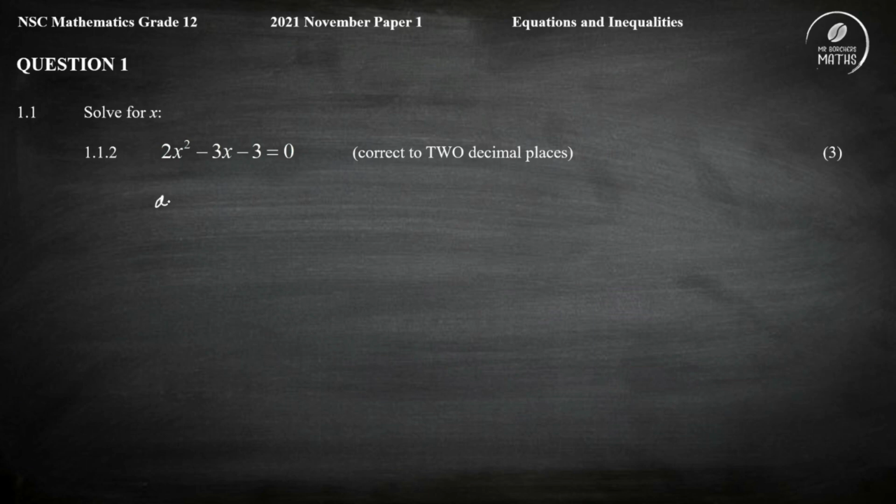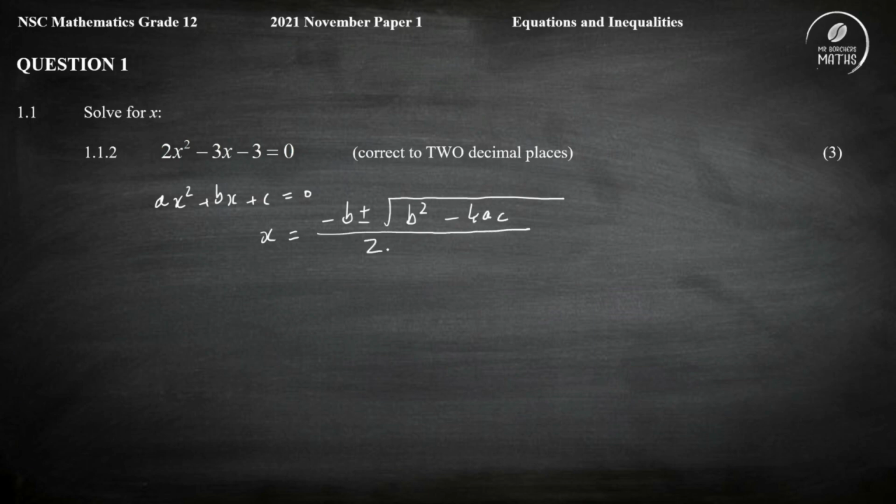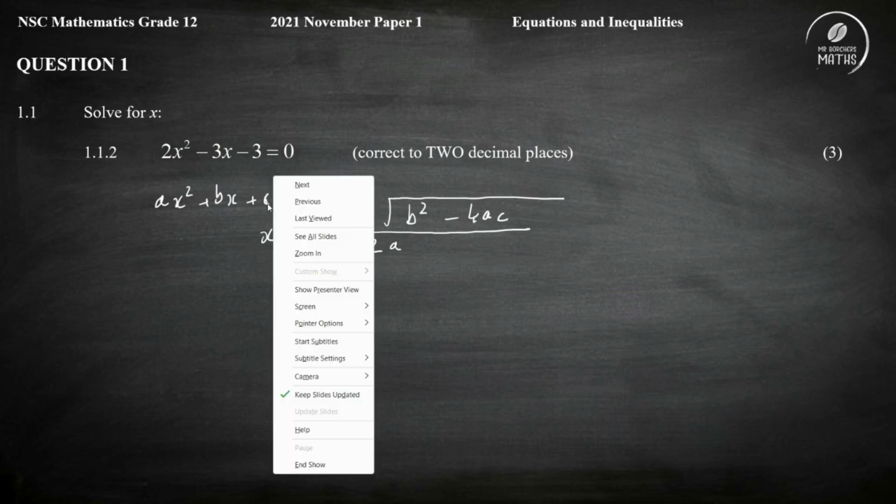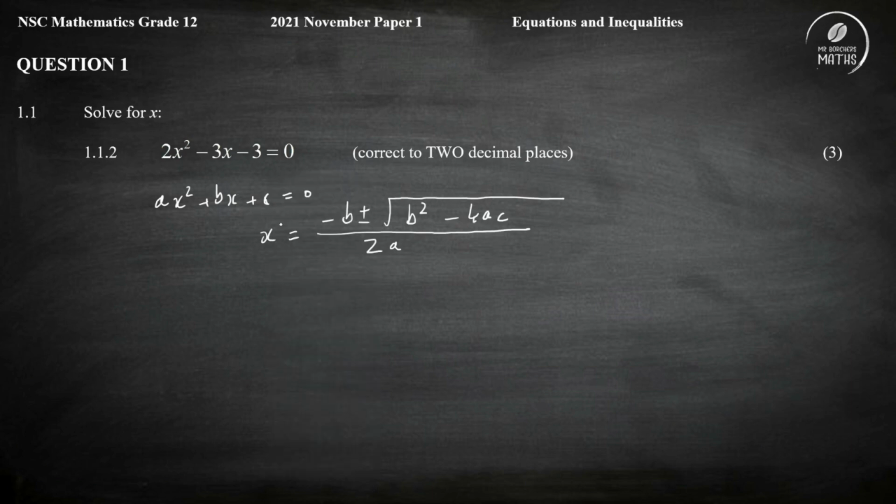So remember that when we have a quadratic in the form of ax squared plus bx plus c is equal to 0, that means that x would be equal to negative b plus or minus the square root of b squared minus 4ac, all over 2a. Now that's something that you can find in your formula sheet, but I'm just reading and writing it here for the sake of this video demonstration.